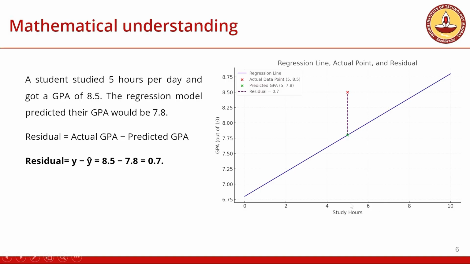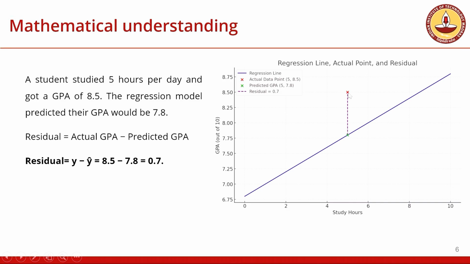In the 5 hours of studies, the student scored a GPA of 8.5. And the regression model predicted that if a student studied for 5 hours, he or she would score a GPA of 7.8, which is shown on the green mark.